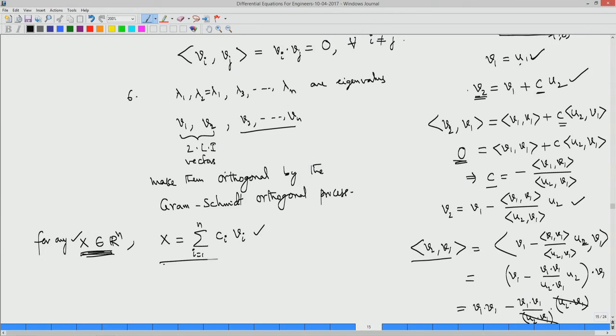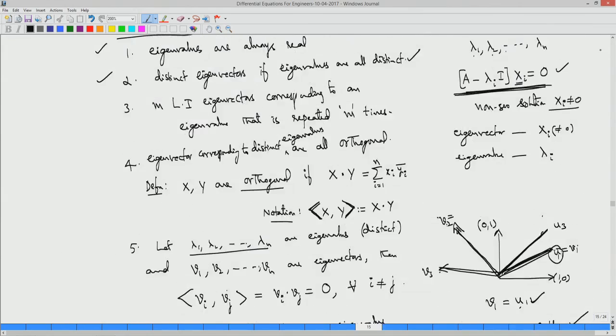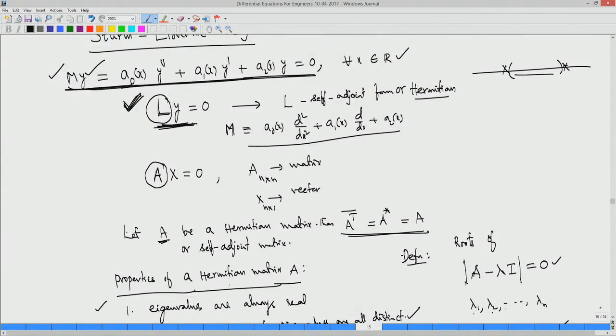Okay. That is actually our Fourier series. This is what is Sturm-Liouville theory. So, that is what we will see. First of all, I have to show how to make a general second order differential equation in this form. Okay. The main idea is to make this equation into self-adjoint form or Hermitian form.